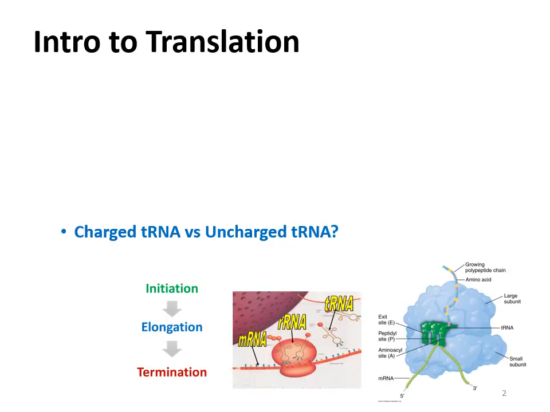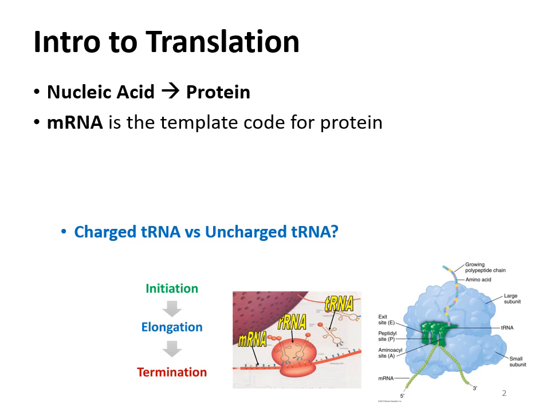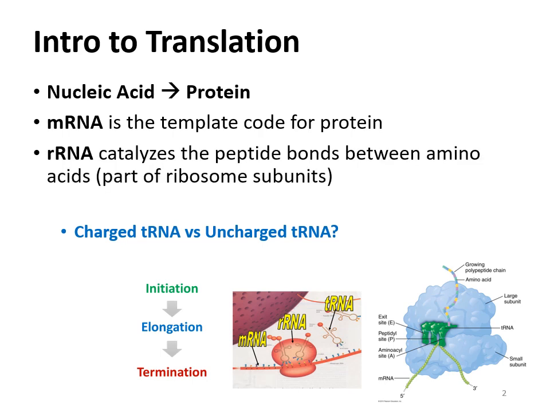Now, to remind you, with translation you're going from nucleic acid to protein. In this process, mRNA is the code that will tell the ribosome what amino acid needs to be where. rRNA is very important. That's actually part of the ribosome.